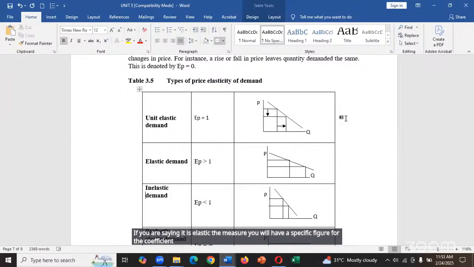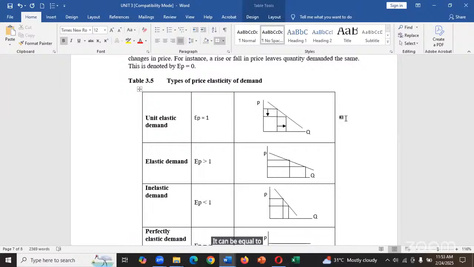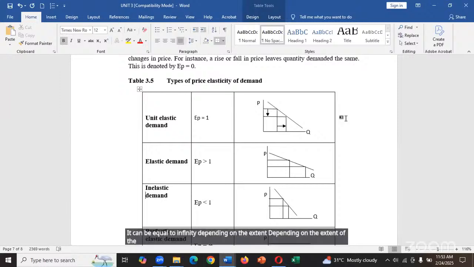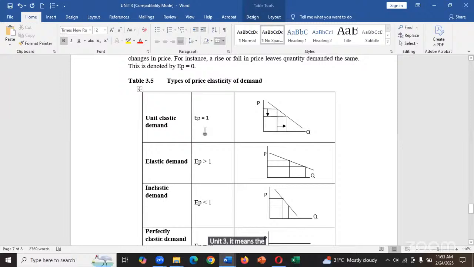The coefficient can be 0, it can be 1, it can be greater than 1, it can be equal to infinity, depending on the extent of the response. When we say unitary, it means the coefficient is simply 1. So the coefficient of price elasticity here is simply 1.